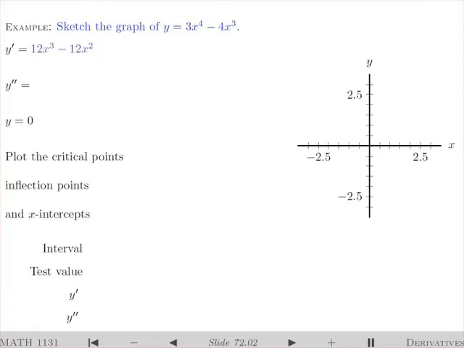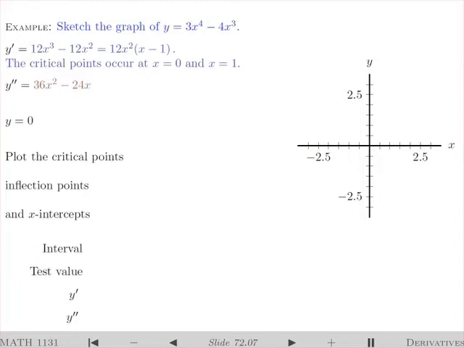To do that, I have to factor y prime. So we can factor out 12x squared. I get 12x squared times (x minus 1). x squared is 0 when x is 0, and x minus 1 is 0 when x is 1. So those are the critical values. To find the critical points, I need to plug this back in the original function and find the y coordinates.